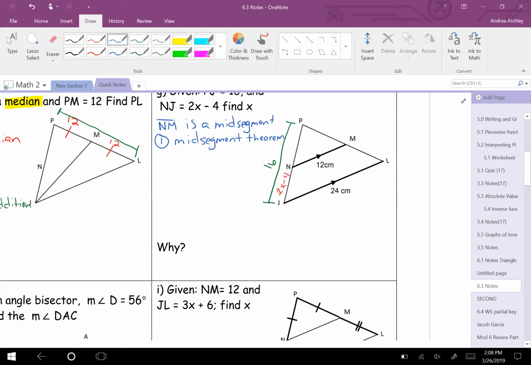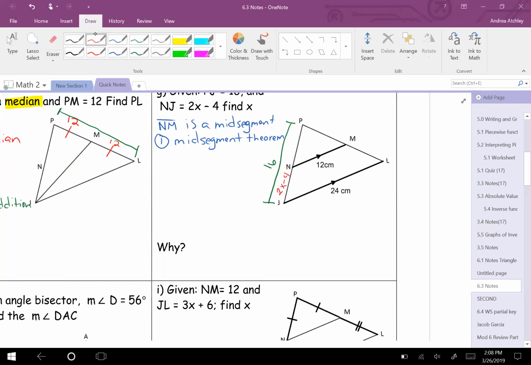So now how could I set up my equation? How is 2x minus 4 related to 16? Are they equal? It's half of 16.